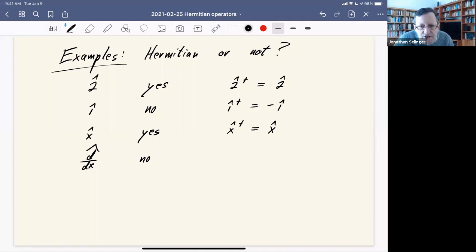We figured this out using the integration by parts trick. If we calculate the inner product using integration by parts, we could prove that the Hermitian conjugate of d by dx is negative d by dx operator.